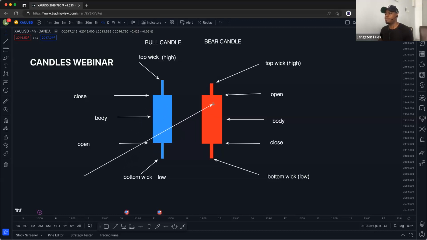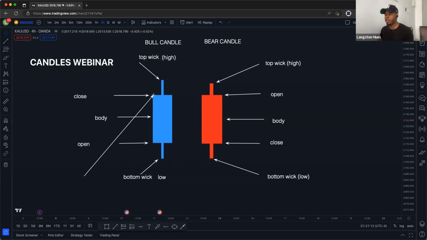And then for the bearish candle, it opened up here, it drove down and closed here, right? So the body closed down here. So the closure was below the open, that's a bearish candle. The closure was above the open, then that's a bullish candle.